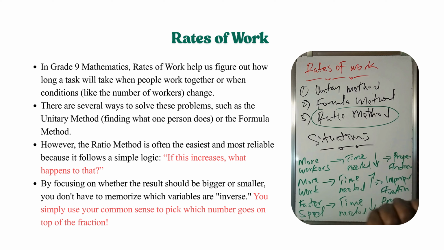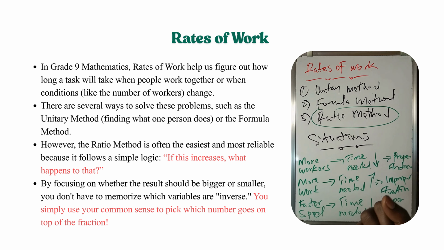So when the speed increases, the time taken will decrease. It's only logical, it's common sense, that we should represent that change with a decreasing ratio, a proper fraction, that is a small number up over a big number down.